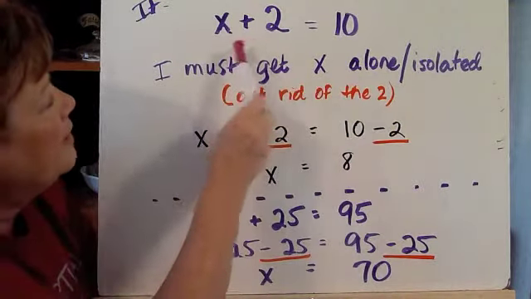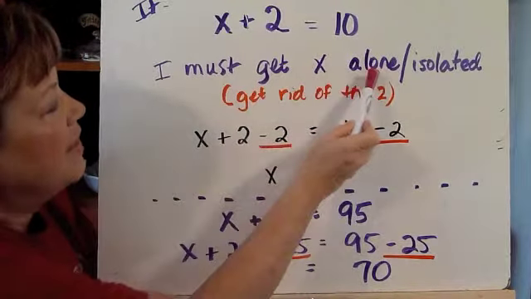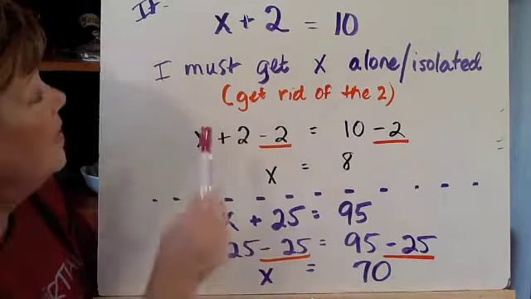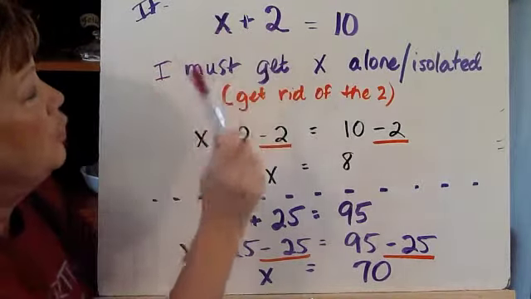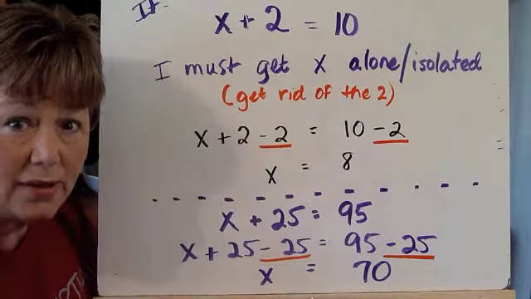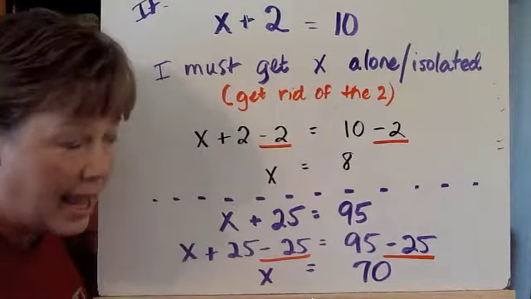So what we need to do to figure out what x is, we must get the x alone or isolated. And in this case, that means we need to get rid of that 2, so x would be on one side of the equal sign by itself. But when we do that, we must have that balancing act.